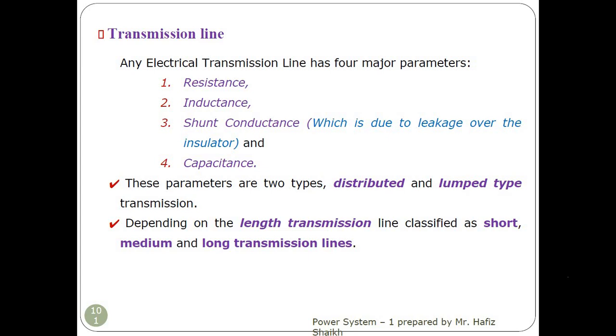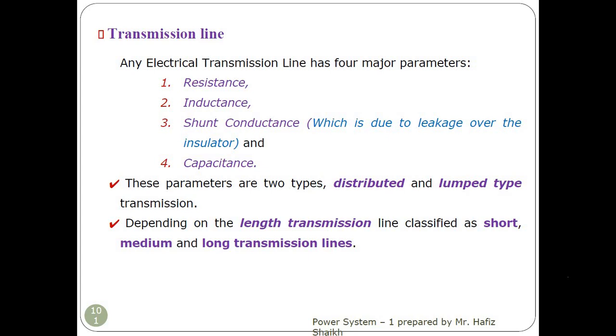These parameters are of two types: distributed and lumped type of transmission. In network analysis you are learning these things, distributed and lumped type of parameters. RLC are called passive elements.